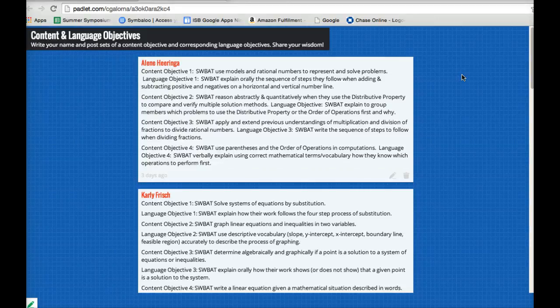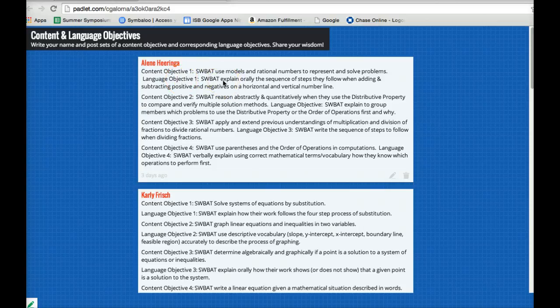Aline, you did a great job here writing content objectives and language objectives that supported it, and they're clearly labeled, your content objective and language objective.